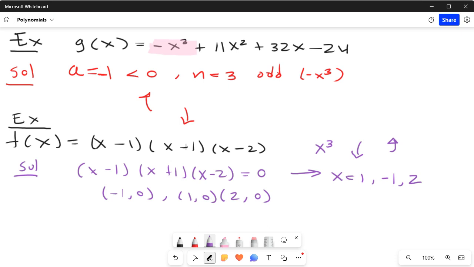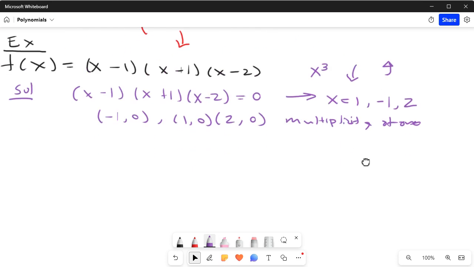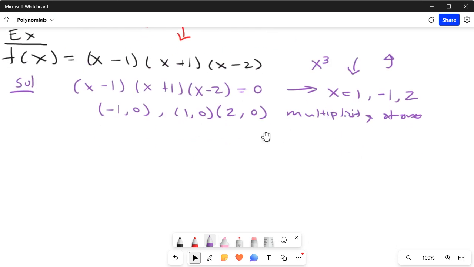Now, because they're all single zeros, they have a multiplicity of 1, which means that they will go right through these ordered pairs.